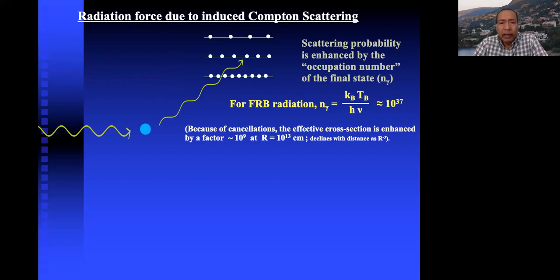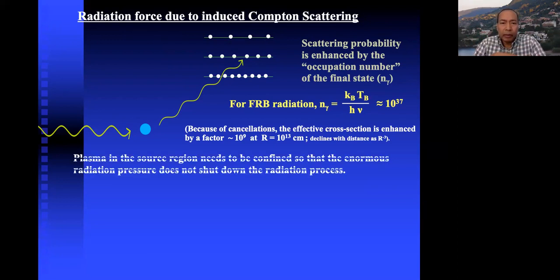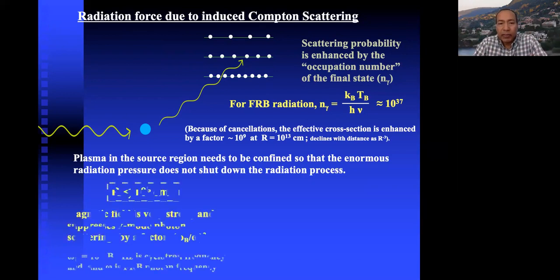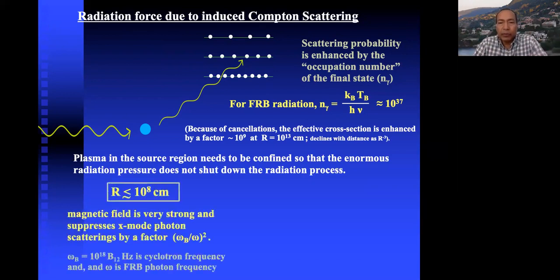And that means there is a very strong radiative force in the source region because of the scattering of these photons by electrons. The plasma in the source region would be dispersed by this enormous radiation force, unless there is a mechanism to keep the source plasma confined.